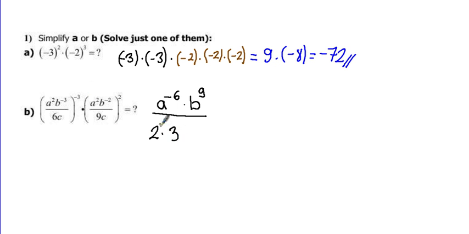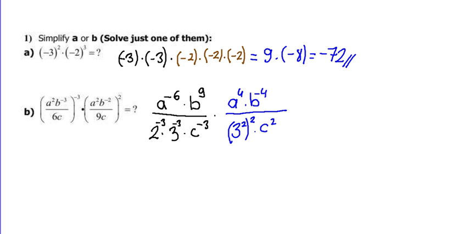So negative 3 power I apply to both of them, and I have c to the power of minus 3. This is the first parenthesis, and the second one is a to the power of 4 times b to the power of minus 4. 9 is 3 squared, and I have square of it, and c squared.